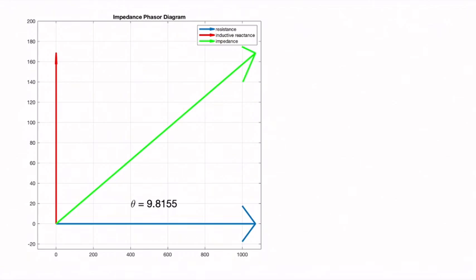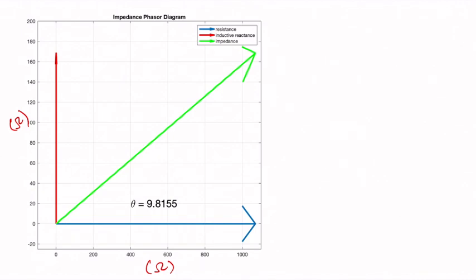If we do all of this in MATLAB, we can immediately solve for the equivalent phasor diagram of the circuit. Again, this is the real component and this is in ohms. The imaginary component is also in ohms.